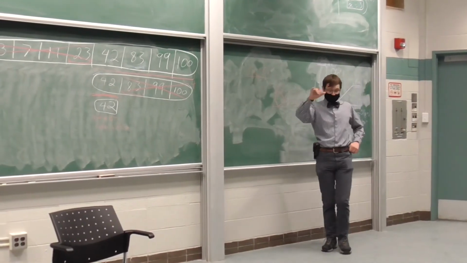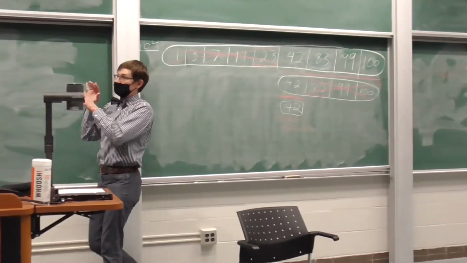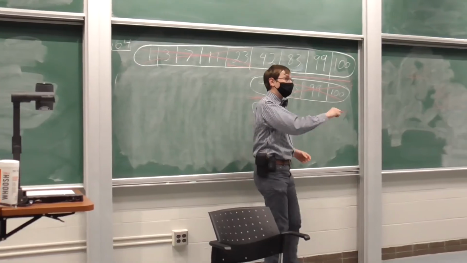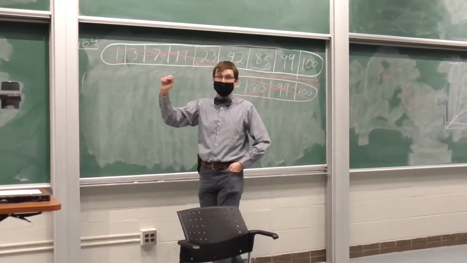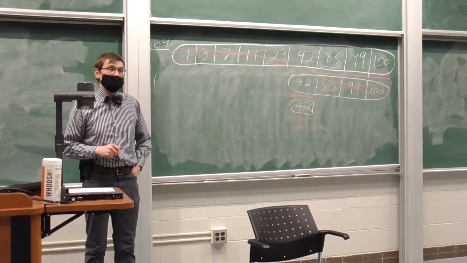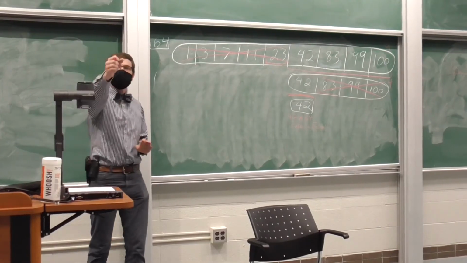So let's imagine you have an existing data structure, right? Let's imagine that the data that you're interested in is sorted, right? How much does it cost to add one element to that and keep its sortedness property? Yeah.